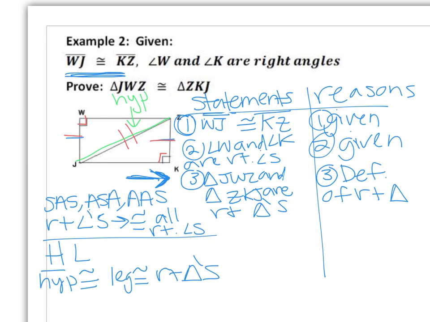So the picture is going to tell me the next part. What have we not included? We've included the first given, the second given, and the information from the second given. So the fourth step would be that reflexive: JZ is congruent to JZ. And that's your reflexive property.